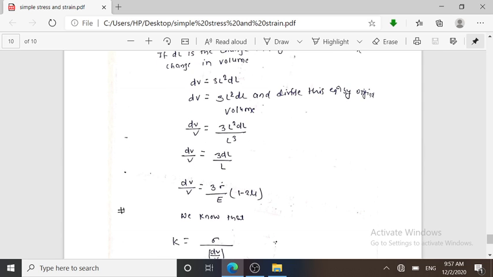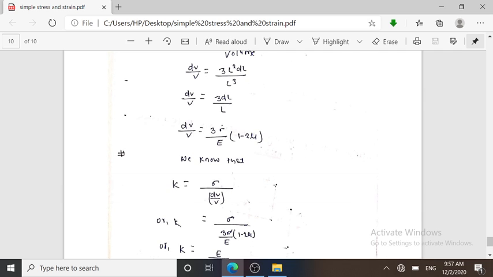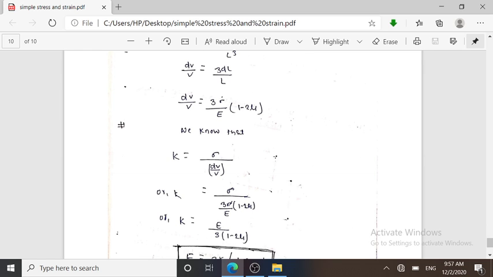Now we know the value of dl by L, the change in length by original length. Substitute that value in this equation. So dv by v is equal to 3 sigma by E into 1 minus 2 mu. And we know what bulk modulus is: the ratio of normal stress acting on all faces to the volumetric strain, and volumetric strain is nothing but the change in volume by original volume. So bulk modulus is denoted as capital K. K is equal to normal stress by dv by v.